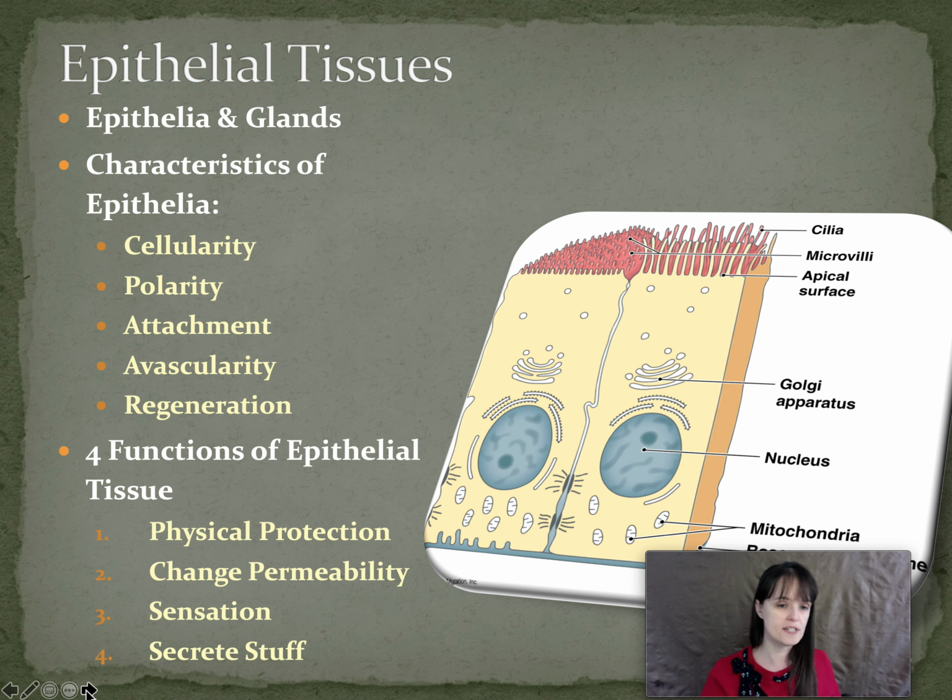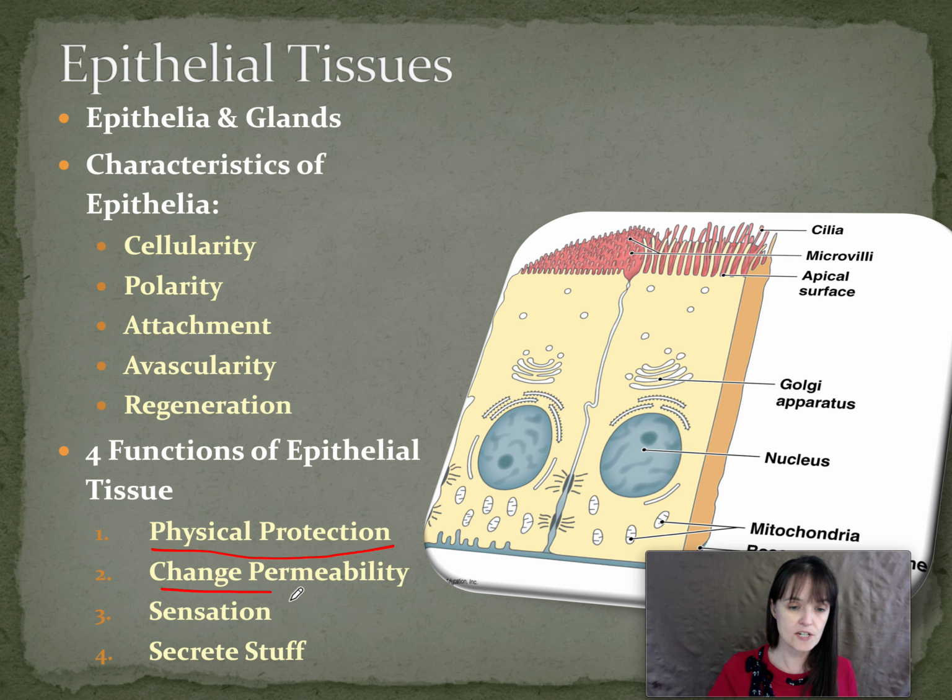So the functions of the epithelial tissue, they provide physical protection. Your skin keeps the good stuff in and the bad stuff out. It protects you from abrasion, dehydration, chemical damage, and biological damage from pathogenic organisms, which are things that want to cause harm, like bacteria.